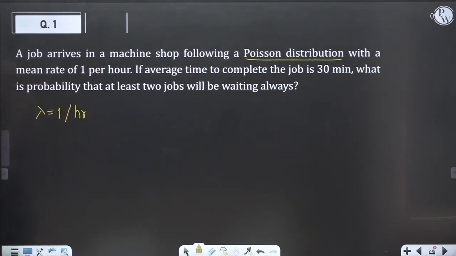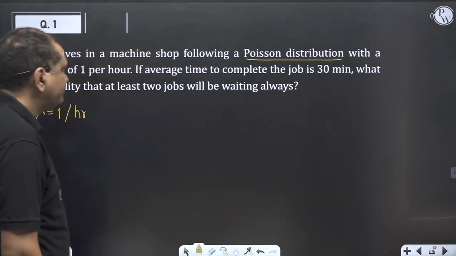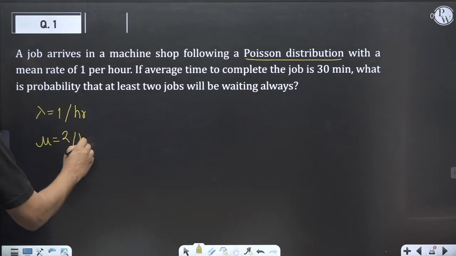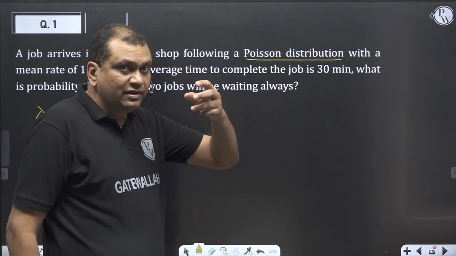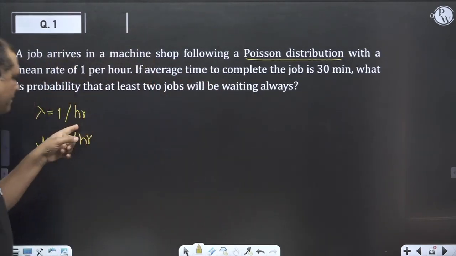So lambda is 1 per hour. If the average time to complete the job is 30 minutes, so service rate is how much? 2 per hour. One job can be completed in 30 minutes. So the rate of providing service is 2 per hour because the unit should be the same.